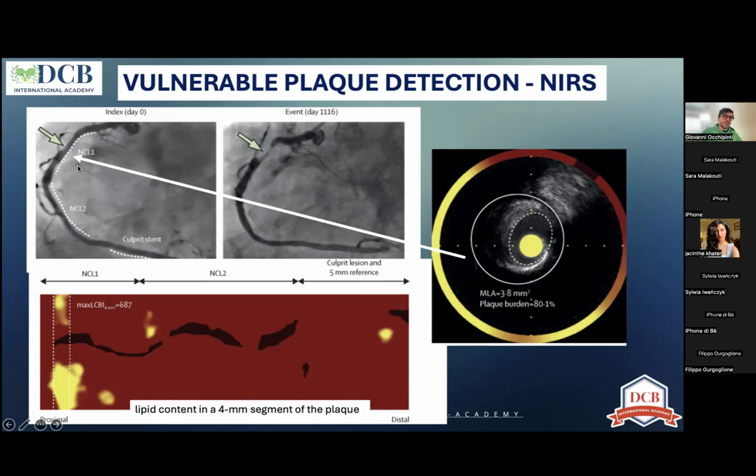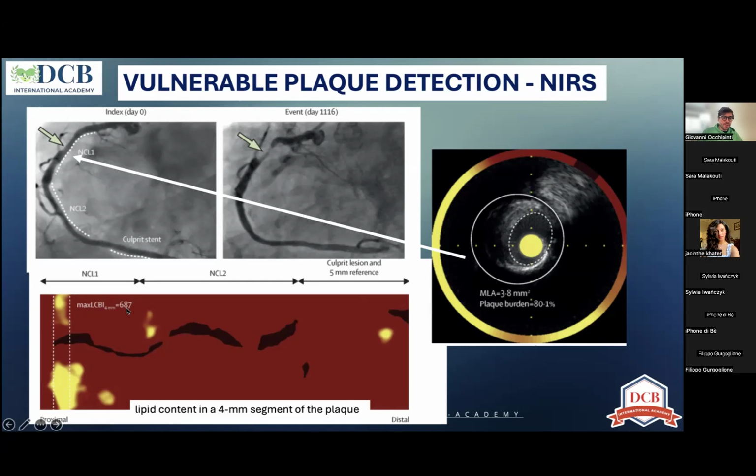So as you can see, this was a case of a patient that underwent stenting in the culprit lesion, but also his right coronary artery had two findings of non-culprit lesions, like very stenotic segments, the non-culprit lesion number 1 and the non-culprit lesion number 2.